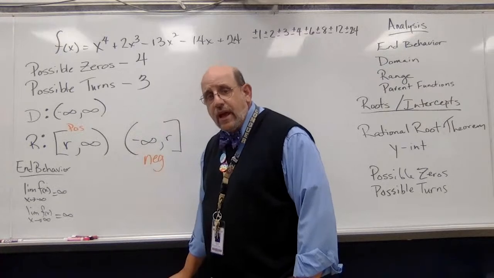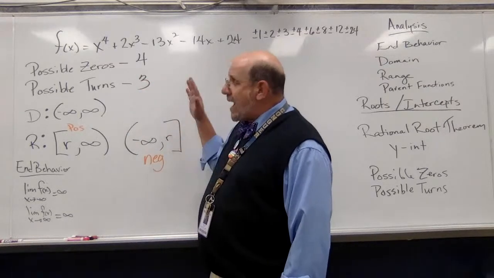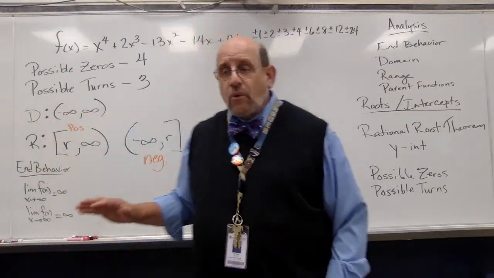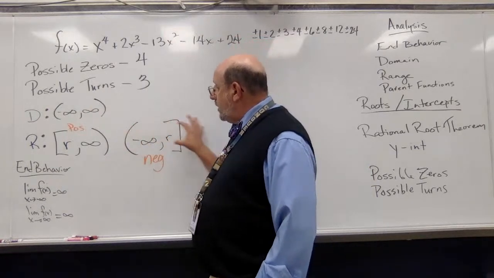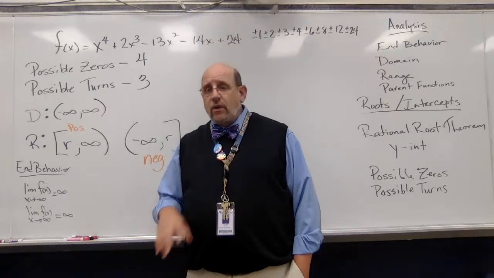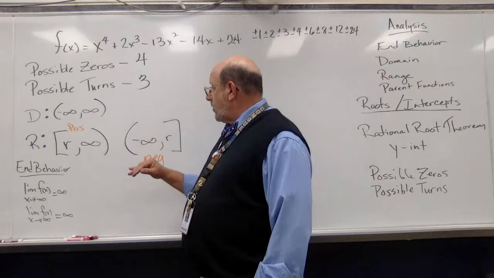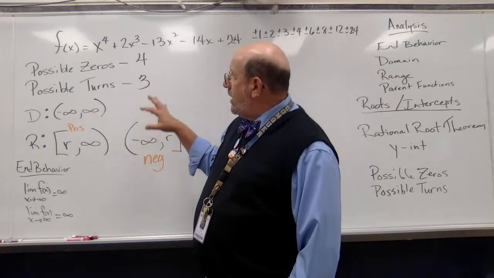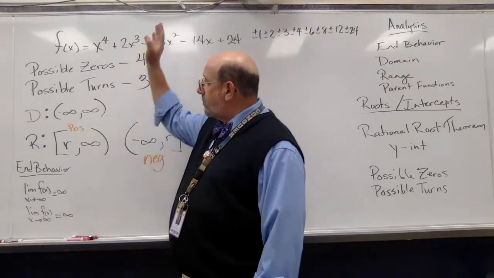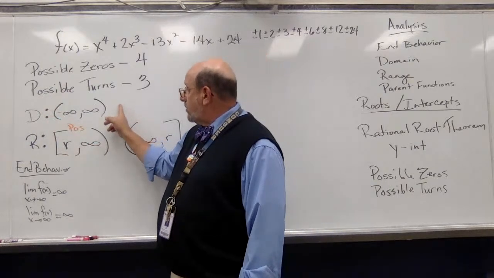So it starts at negative infinity and goes up to that max, which is R. Okay, and that's how we're going to write it. We're going to write it in interval notation. We don't have to worry about anything else. I don't need set builder notation for that. In terms of range for an odd function, I think I just told you that it was negative infinity to positive infinity, and it would look just like the domain.